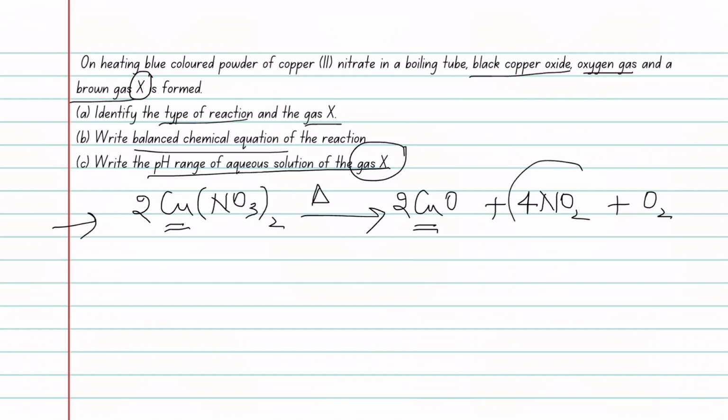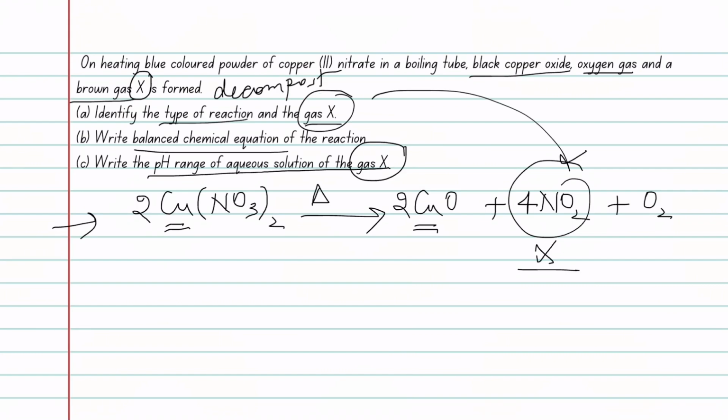The gas is nitrogen dioxide. The type of reaction is decomposition. X is nitrogen dioxide. Balanced chemical equation we have written. pH range of aqueous solution of gas X. Now nitrogen dioxide is a non-metal oxide.